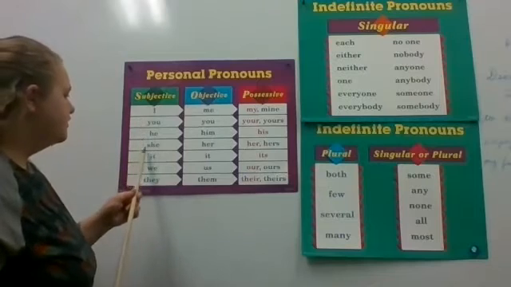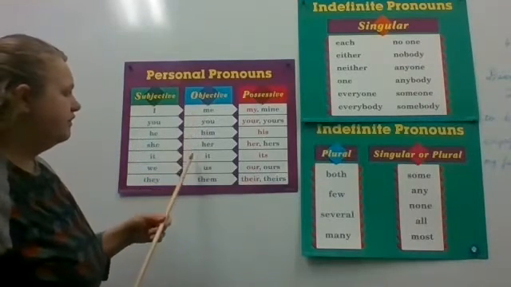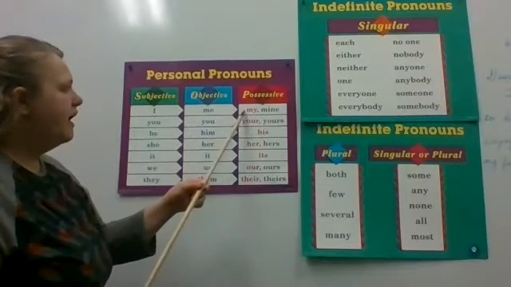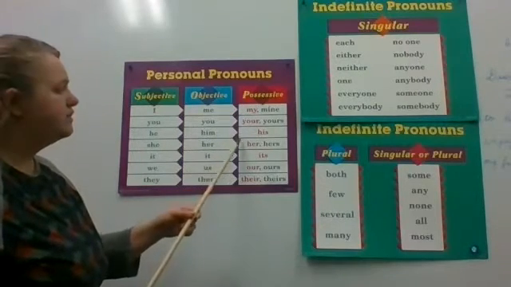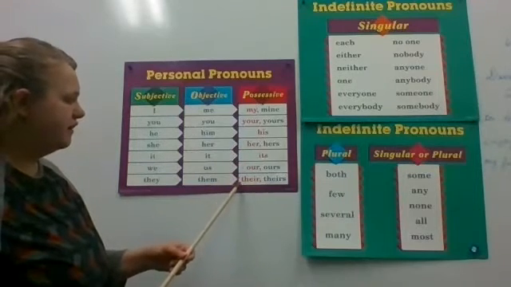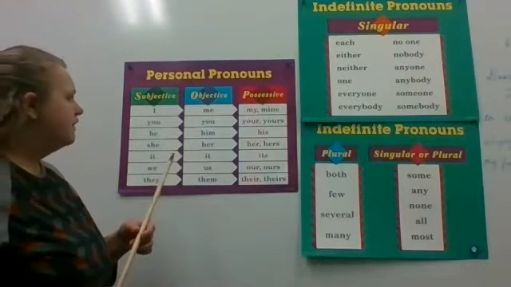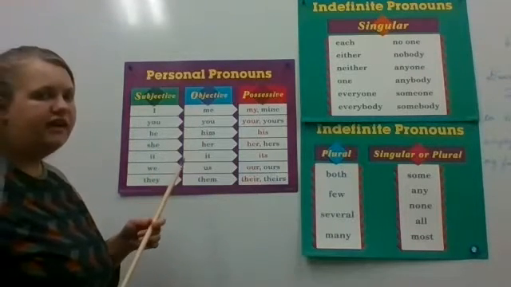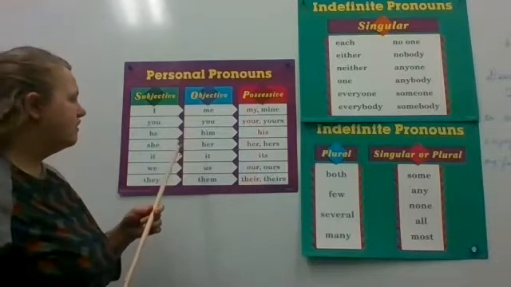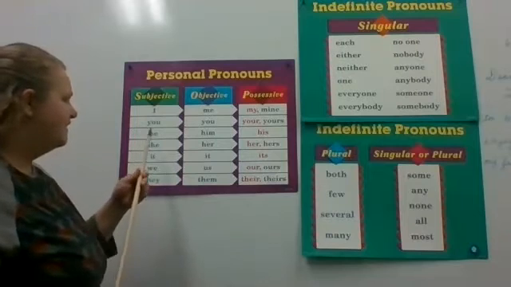I, you, he, she, it, we, they, me, you, him, her, it, us, them, my, mine, yours, his, her, hers, it's ours, theirs. These are the pronouns. These are the pronouns. Let's sing them once again.